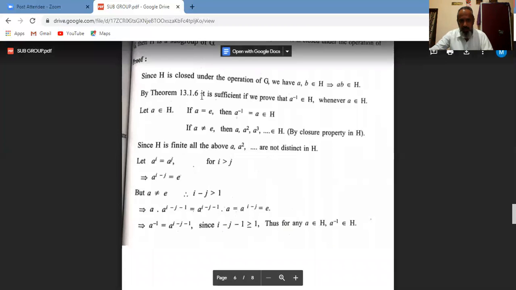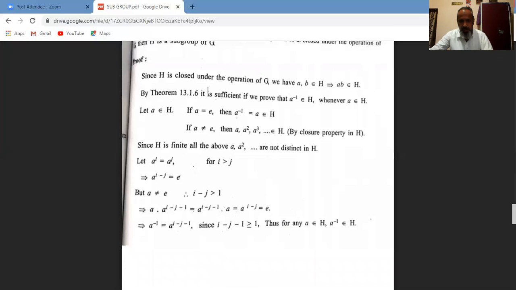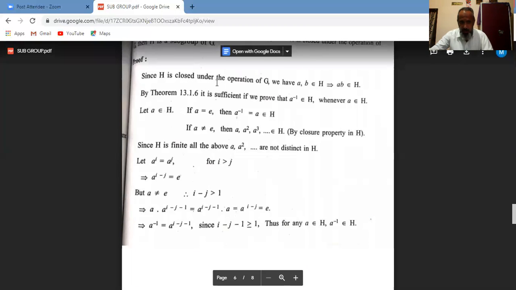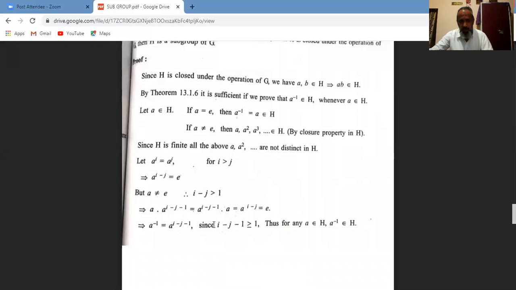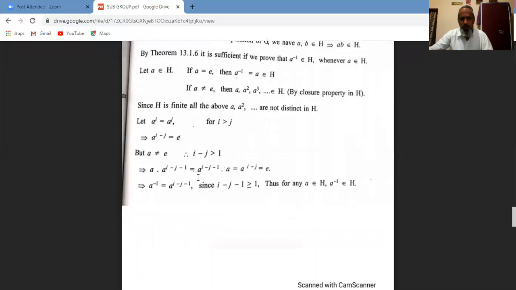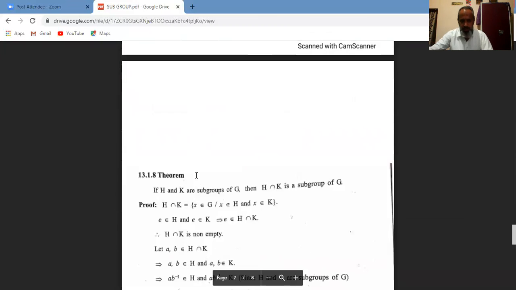So H is closed under the binary operation. If H is closed and for every A belonging to H, A inverse belongs to H, the inverse property is satisfied. From the second theorem, it is sufficient that H is a subgroup of the group G.